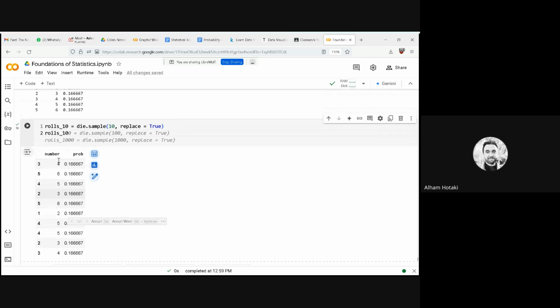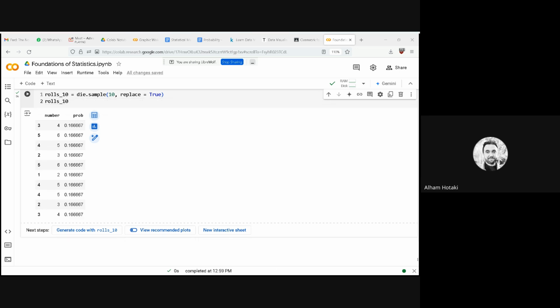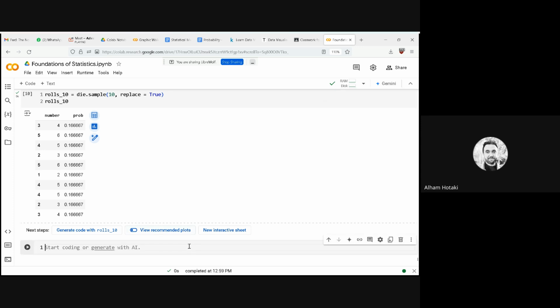So whenever you are rolling 10 times, these are the 10 times that you have rolled a die, and different numbers appeared in these different rolls. Now let's see, for example, the mean of this die with np.mean.